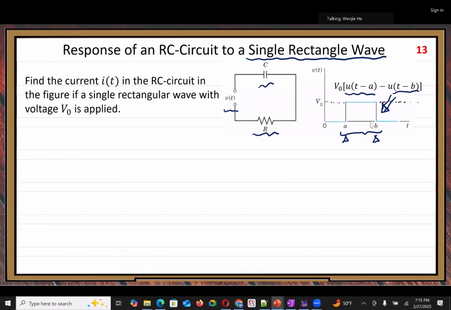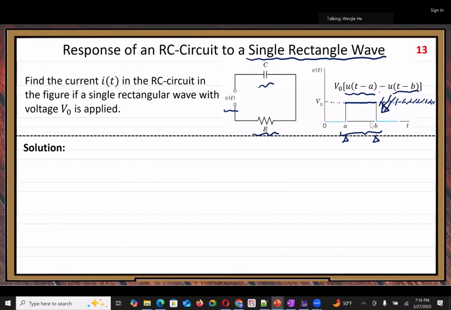Because if you don't do subtraction, both functions have the same value V0 after B. But after subtraction, this part is gone, cancelled out. After the cancellation, only between A and B its value is capital V0. So that's the representation. Now we can set up the equation.